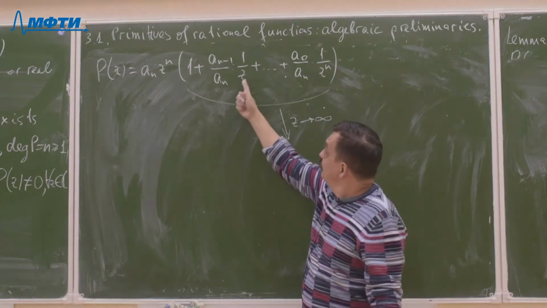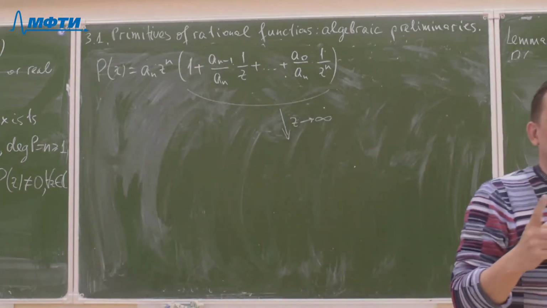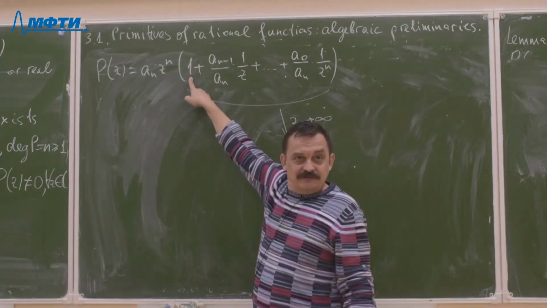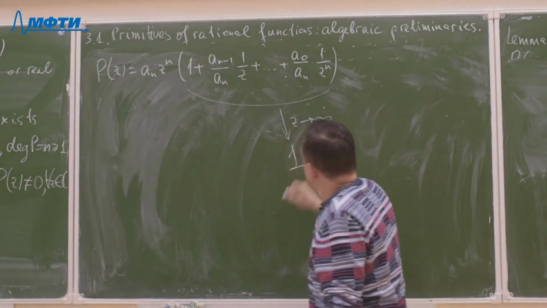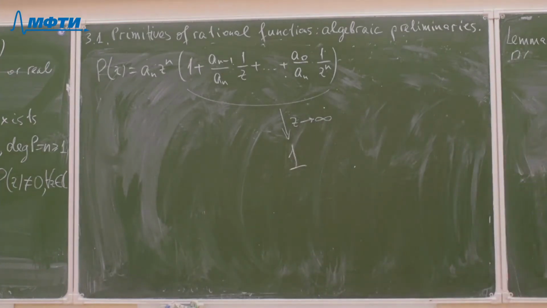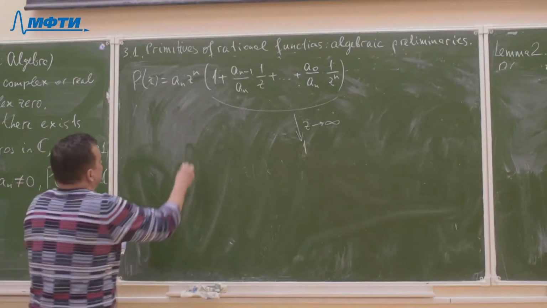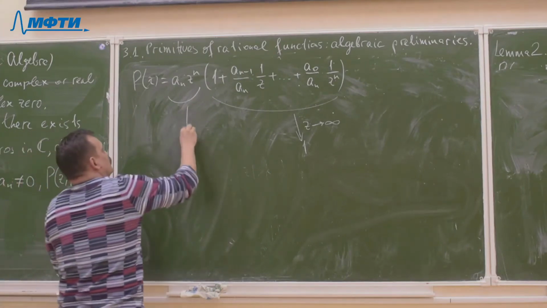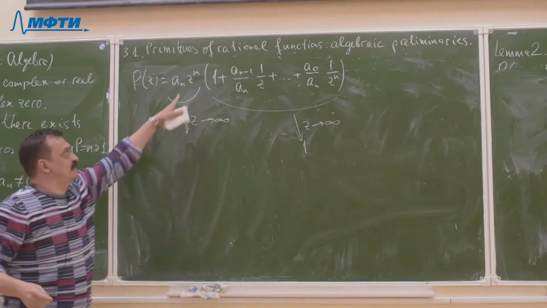So every term, and we have finitely many terms, tends to 0 except this one. So it means this term of the product tends to 1 as z tends to infinity. Better to have a look at the first part. This tends to what as z tends to infinity?